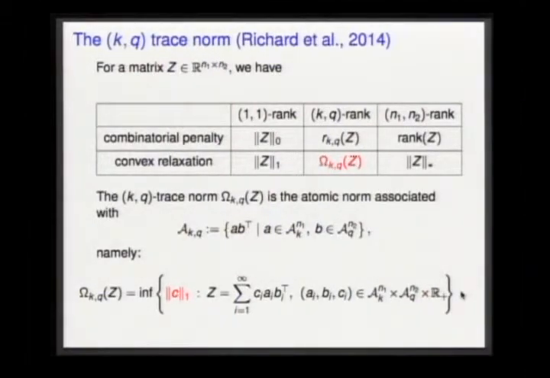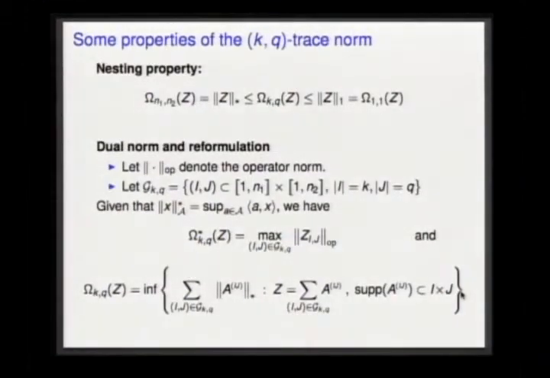So we have a variational expression for this norm, which is the minimum L1 norm of the vector c. So the vector c here has maximum length N1 times N2 of this linear combination, where the elements a_i and b_i have sparsity k and q respectively. So this gives us a norm which we cannot compute numerically.